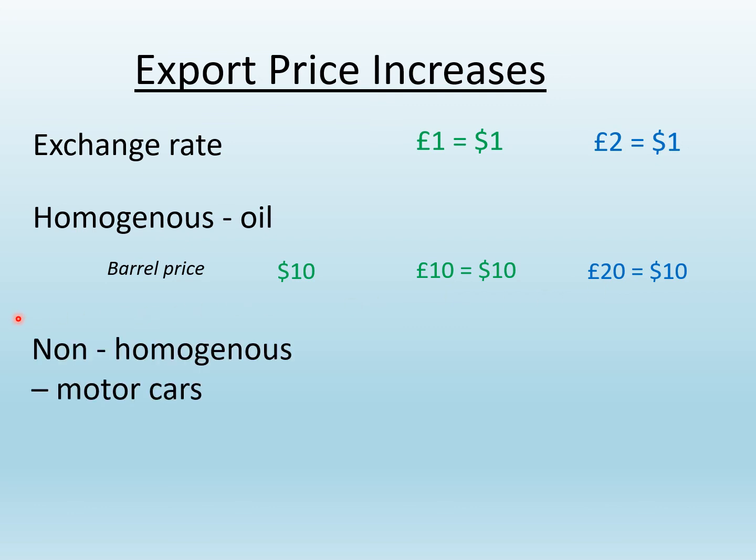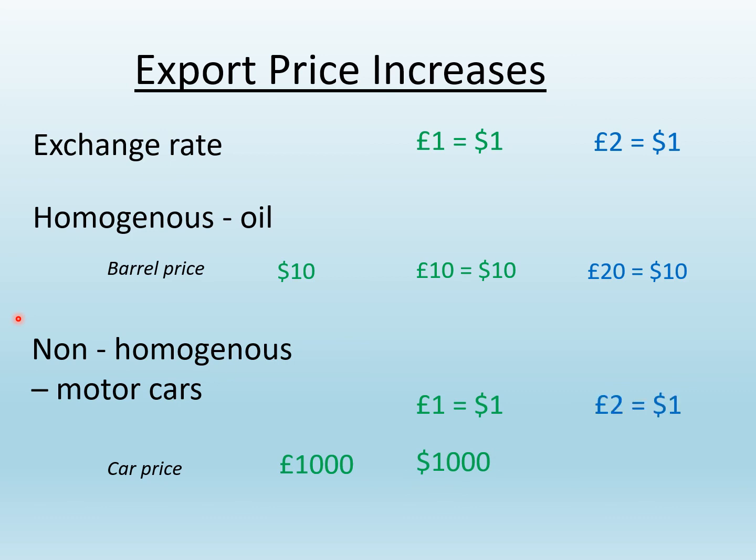The same is not necessarily true for a non-homogeneous export. So if we run the same example again, if we have a car produced in the UK, a UK manufactured car priced at £1,000, and we have the exchange rate £1 to $1, clearly you're exporting your car at £1,000.